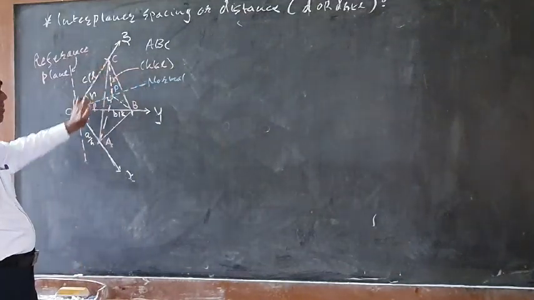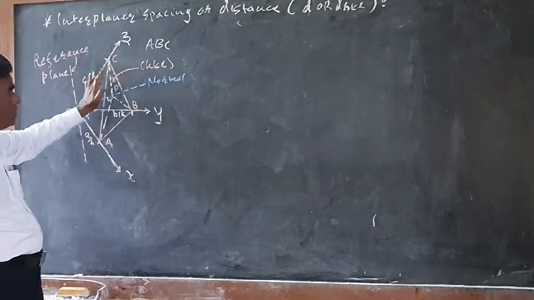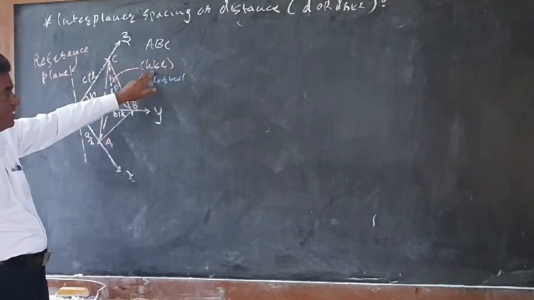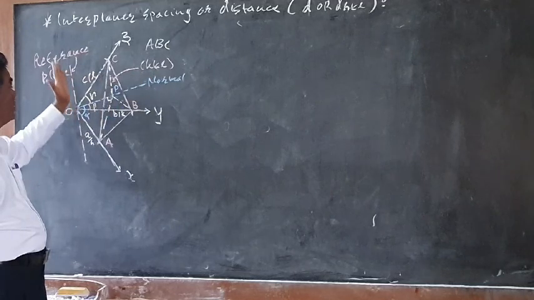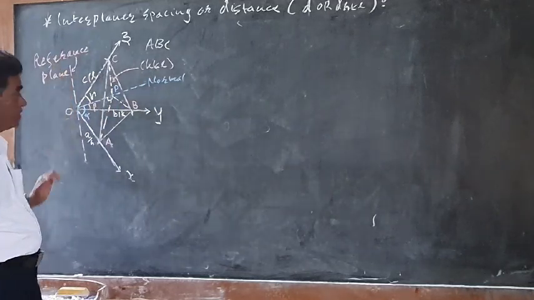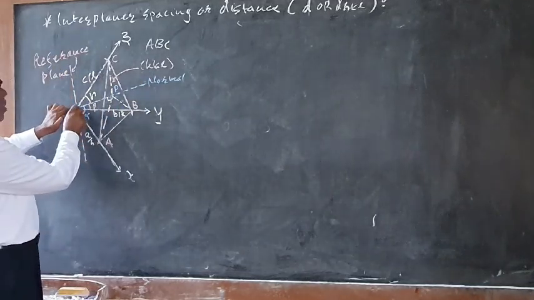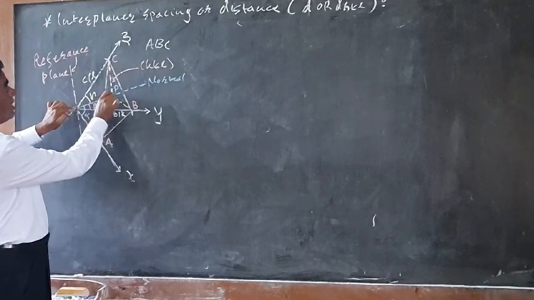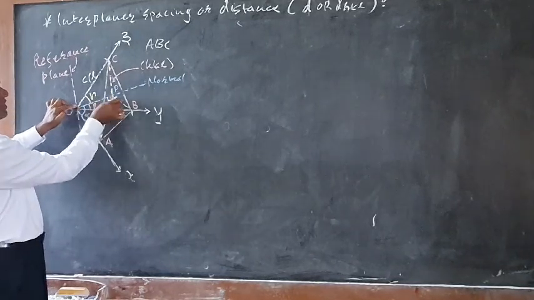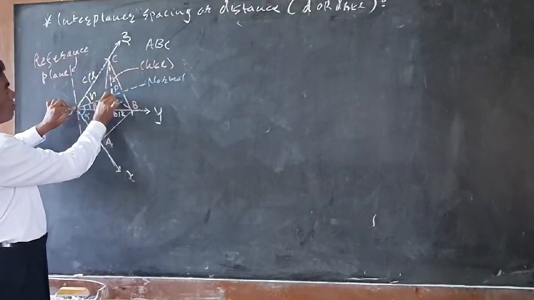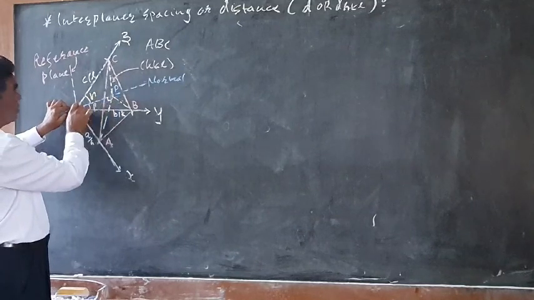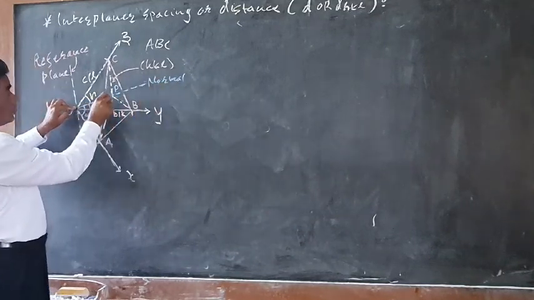So this is the plane ABC we have considered, which is defined by the Miller indices hkl, and it is parallel to the reference plane passing through the origin. Now draw a normal to this plane from the origin, that is OP, at an angle of 90 degrees to this plane.